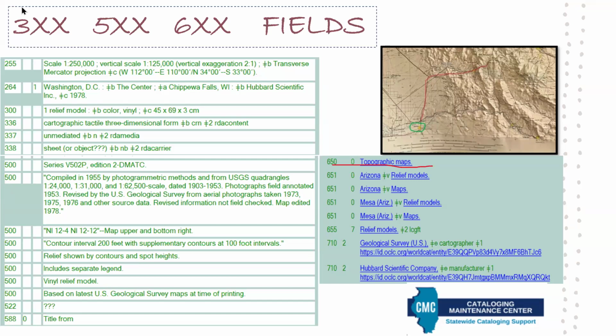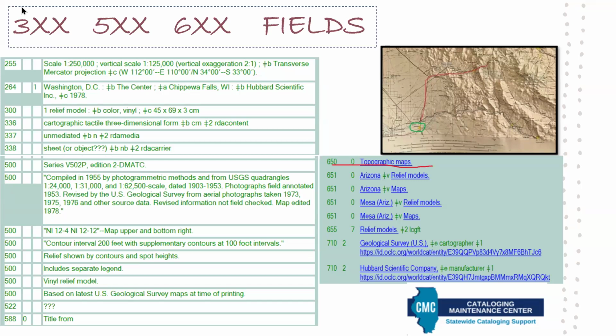As Eric mentioned in the previous slide, BFAS states that the 522 is usually used for survey materials. So I didn't include it because I'm not sure that field's necessary for this record. For 588, I suppose I could put title devised by cataloger, since I'm the one who took all the info at the top of the map and made up the title.